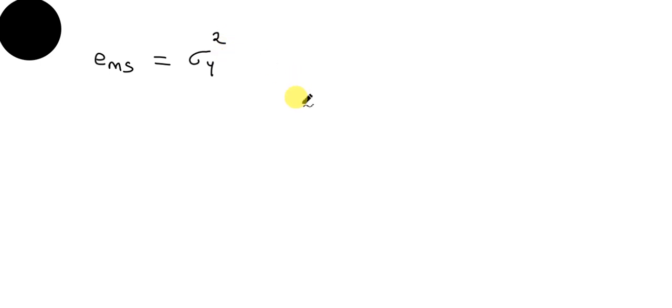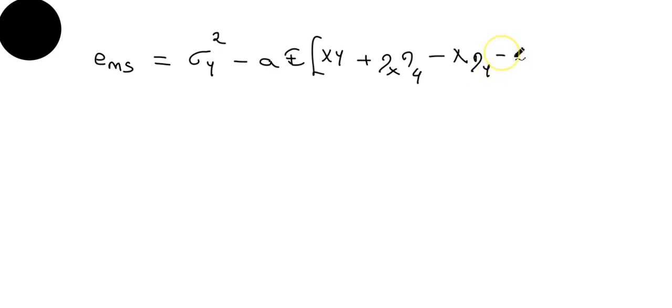So I will have sigma y whole squared minus a into expectation of, I am simply expanding the second term, xy plus eta x eta y minus x into eta y minus y into eta x.